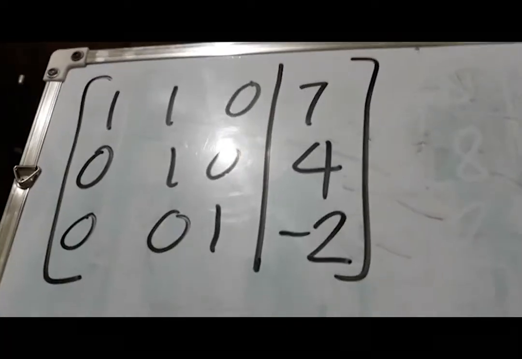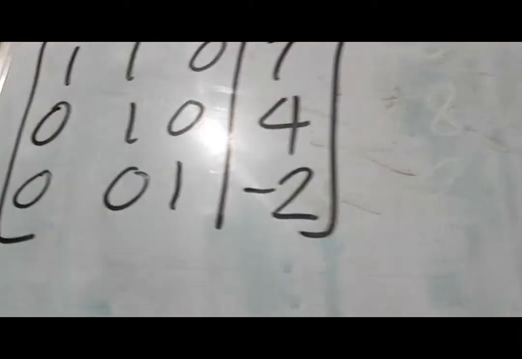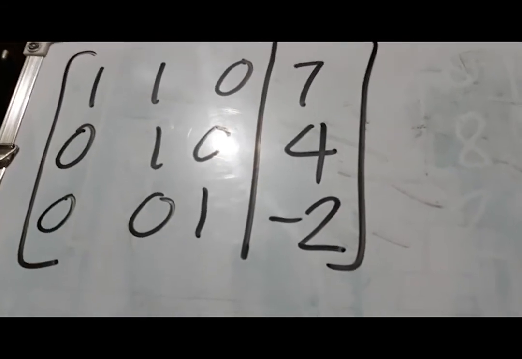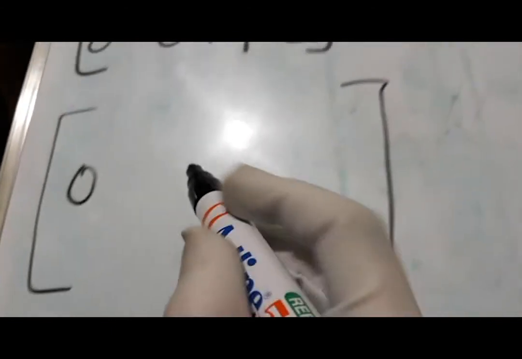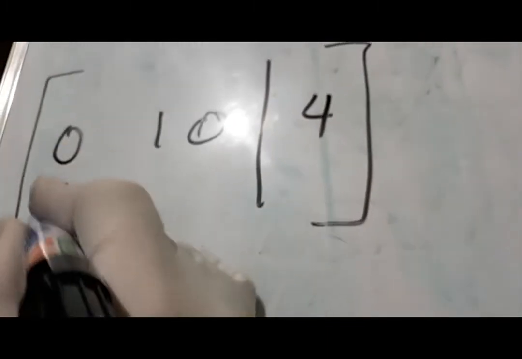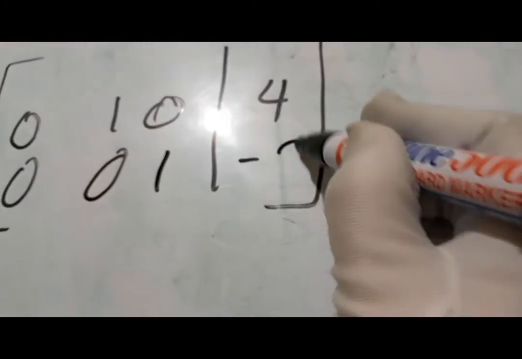So the last number that we are going to reduce in this matrix is this 1, to have a reduced row echelon form. Okay, so what are we going to use? A row operation, simply R1 minus R2. So in this case, since these 2 rows here are not affected, we just write it 0, 1, 0, 4, and then 0, 0, 1, negative 2.